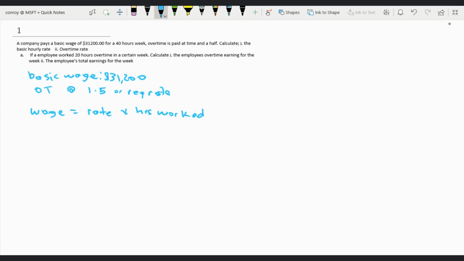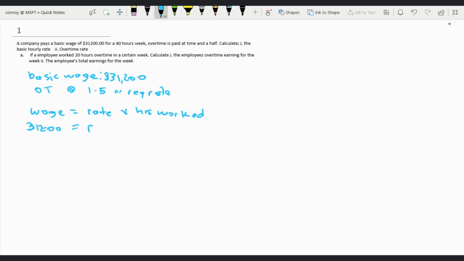In this scenario, we have the basic wage, and we also have the hours worked, which was 40. So we need to set it up: 31,200 is equal to the rate.